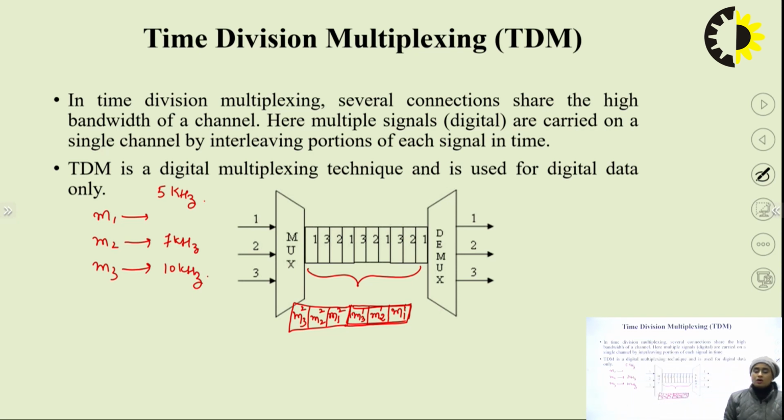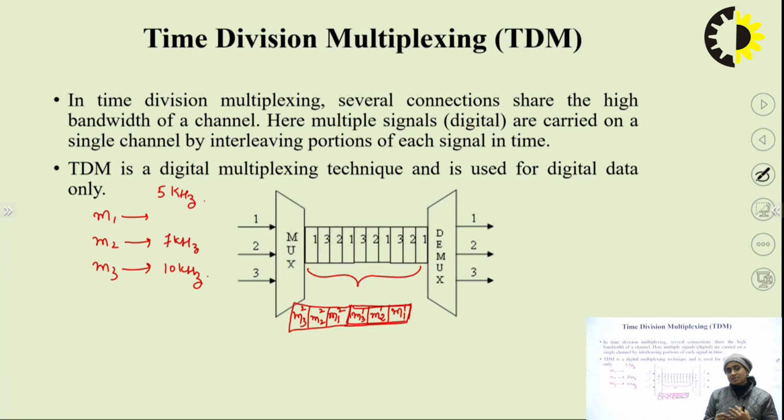Now, if we recall the concept of sampling, when we convert an analog signal into digital form, it has to follow the sampling theorem. There are 3 steps for conversion of an analog signal into digital: sampling, quantization and encoding.